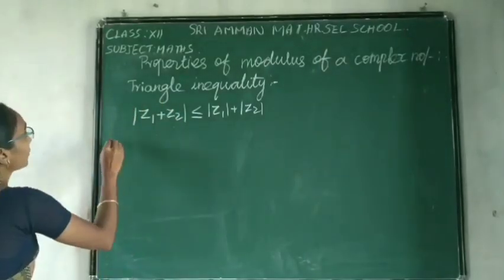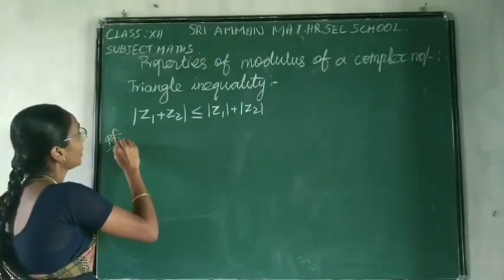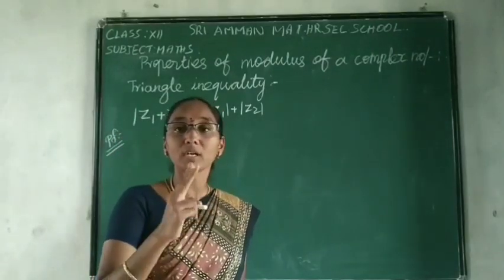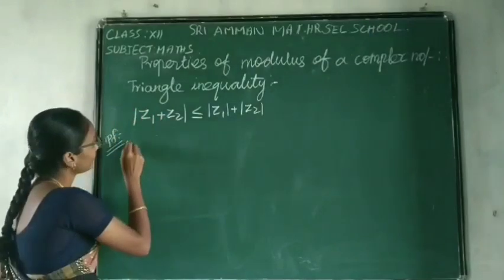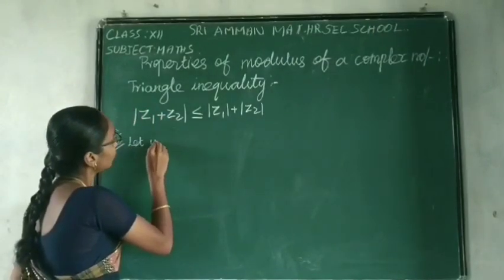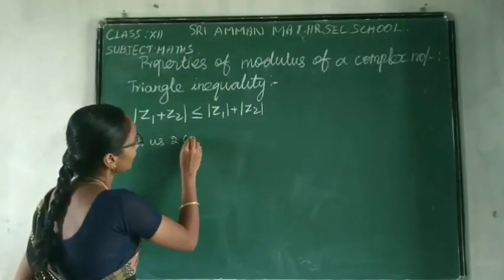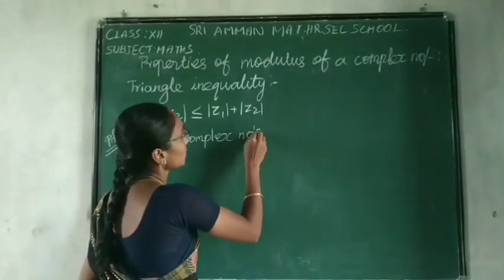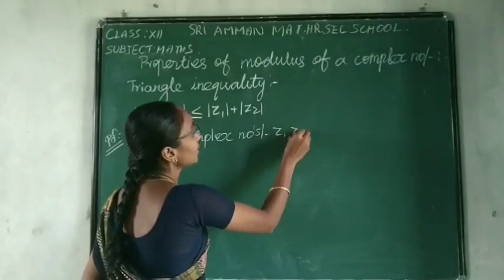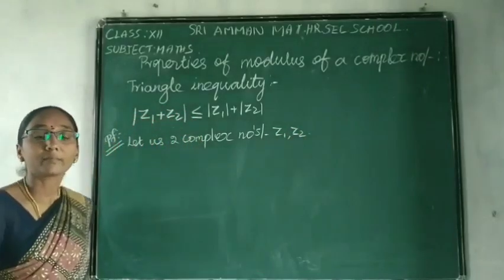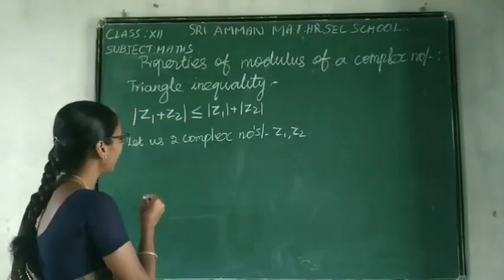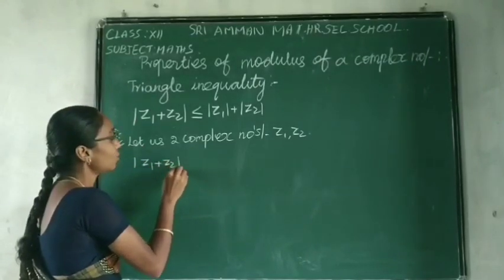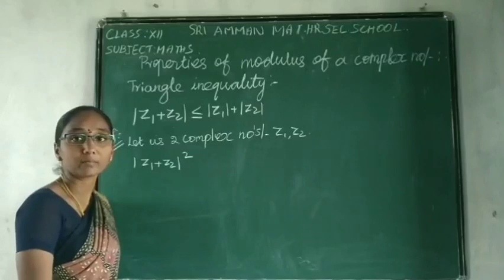Proof. Let us consider two complex numbers, z1 and z2. Now I am going to take modulus of z1 plus z2, the whole square.